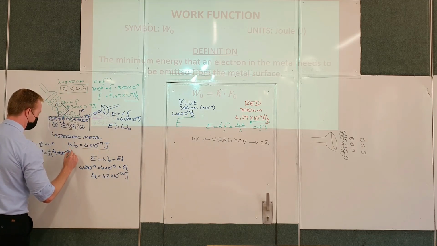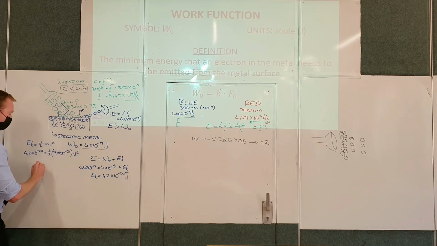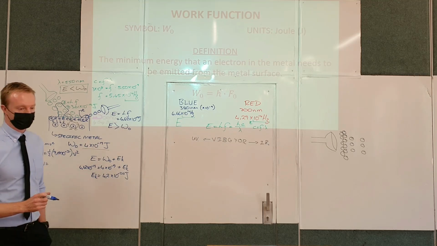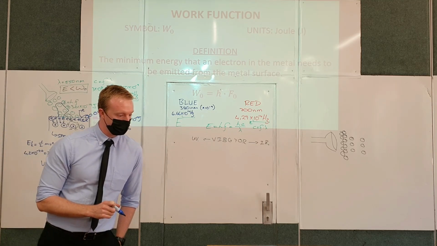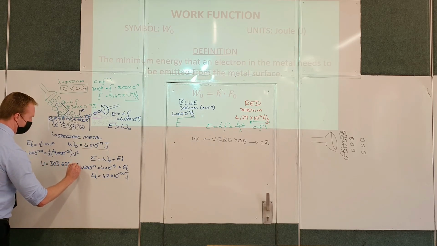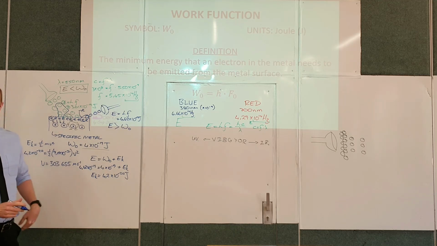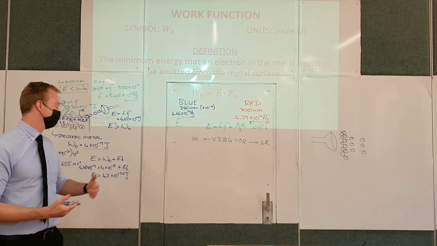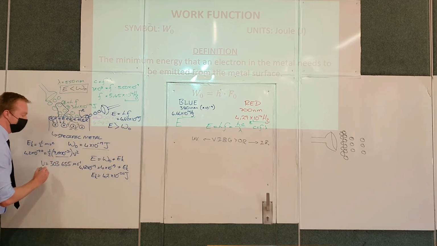And we can then solve for the velocity of this electron as it escapes, and that would be 303,655 meters per second. Again, your mass of the electron is given.